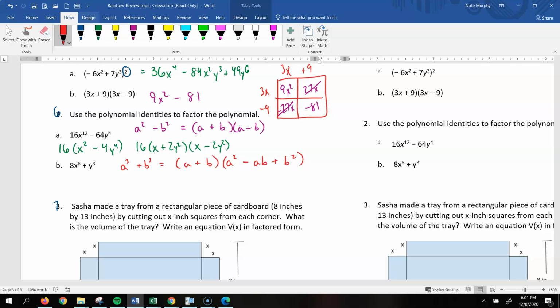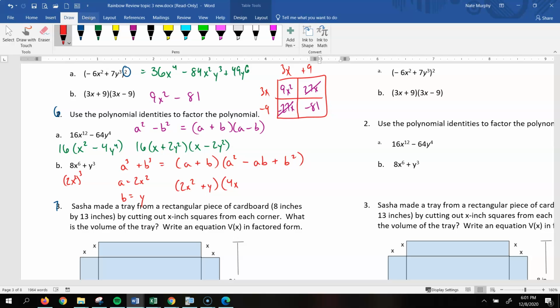So our a in this case would be, well, what would I cube to get 8x to the 6? Well, 2 cubed is 8, and x squared, 2 times 3 is 6. So 2x squared would be my a value. My b value would just be y, because y cubed would just be y. So we're going to have 2x squared plus y. Then we square the 2x squared. That's where some of you got it wrong.